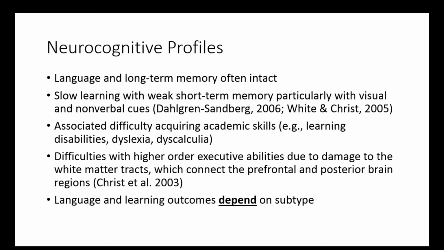For individuals with cerebral palsy, we often see memory being intact as well. It very much depends on where the injury is and what the ultimate presentation is. But those are areas that we often see as pretty intact, and we can readily build off of and support those strengths.